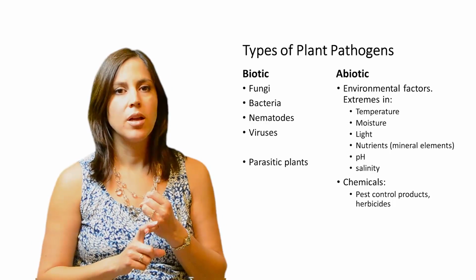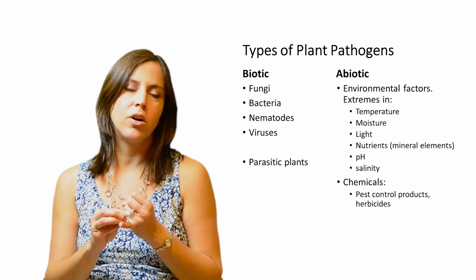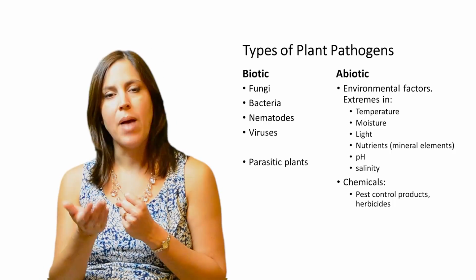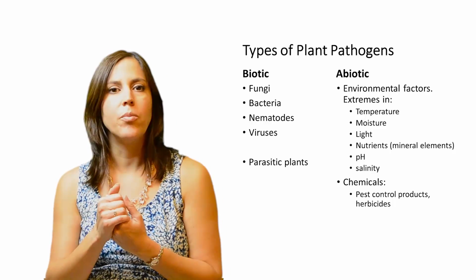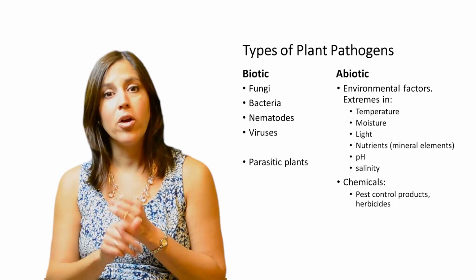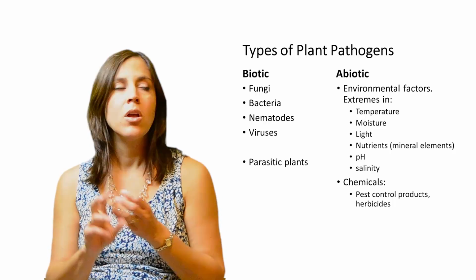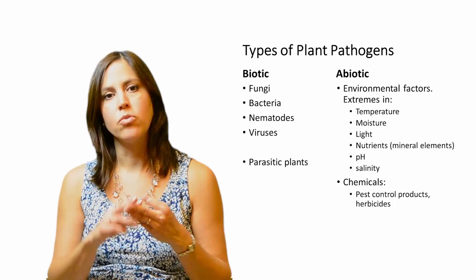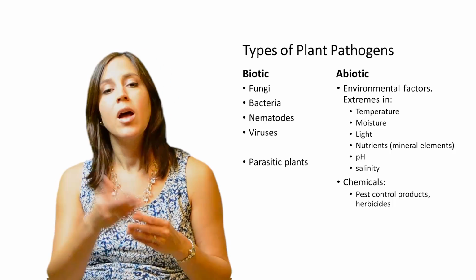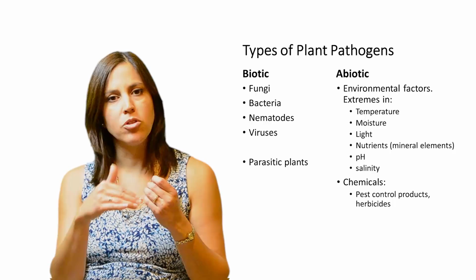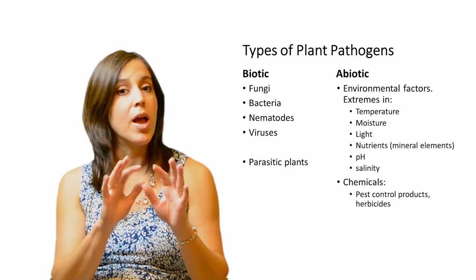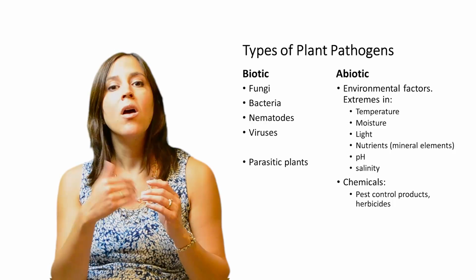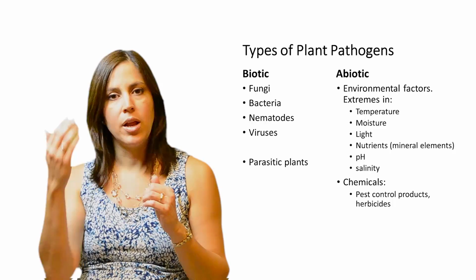So first, I want to remind you about the types of plant pathogens that we have discussed in class. These can be biotic or abiotic. The biotic factors can be fungi, bacteria, nematodes, viruses, and also parasitic plants. I separated parasitic plants because we have not covered those yet, but we will in a future class.